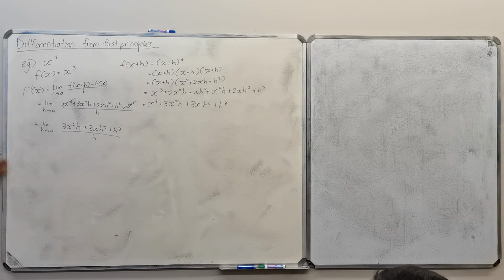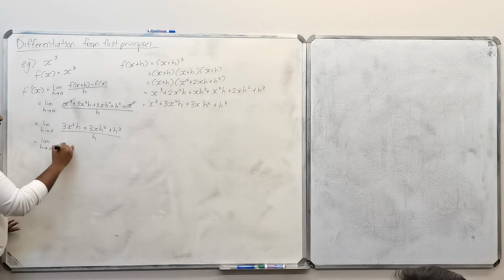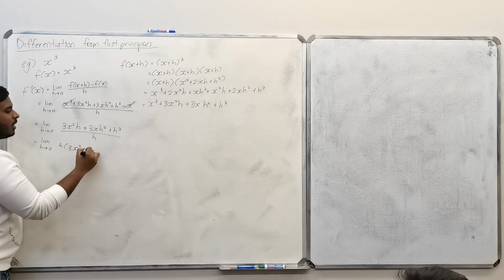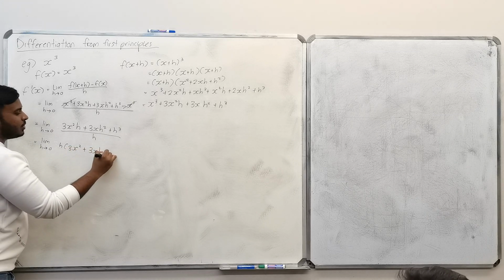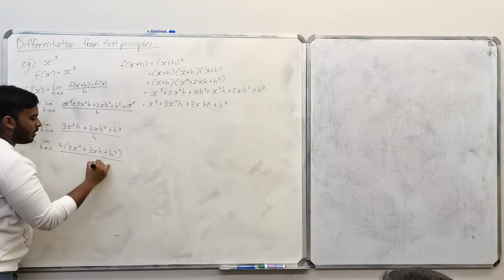Now if I took the limit at this point, I'd end up with 0 over 0, because I would have substituted 0. For limits in that form, we try to factorize to get rid of the factors that give us 0. To get rid of this h, I have to pull out h as a common factor. That gives 3x squared plus 3xh plus h squared, all over h.